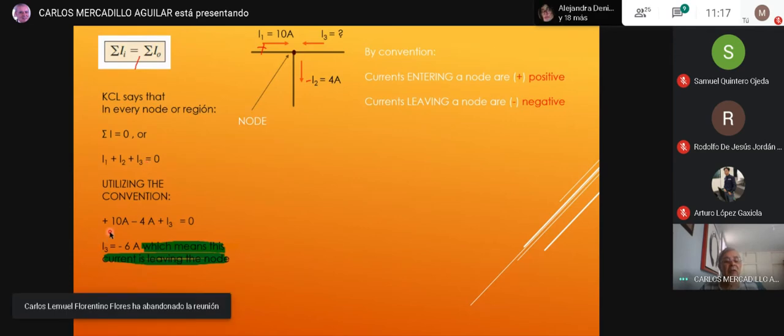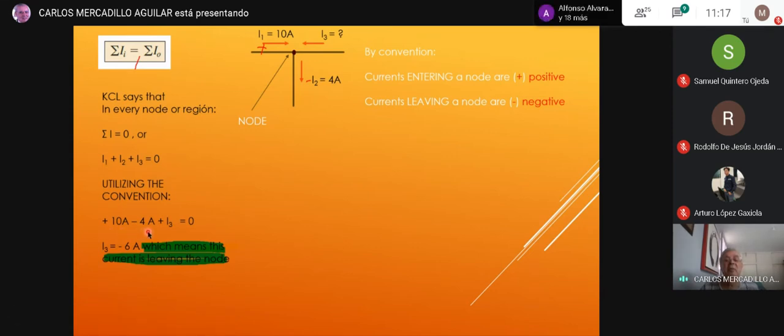So I1 is plus 10 amps. I2 is minus 4 amps plus I3 equals 0. 10 minus 4 equals 6 plus I3 equals 0.